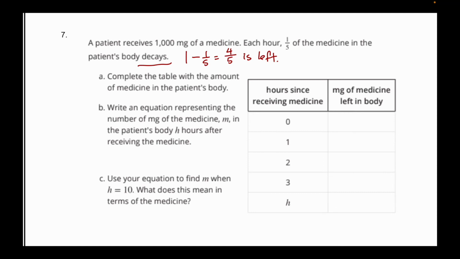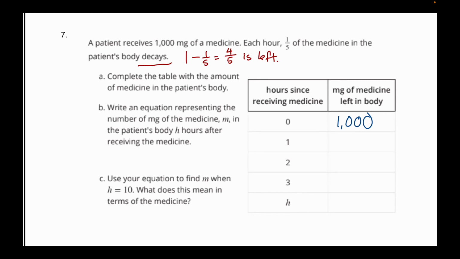Now, part A here wants me to complete the table with the amount of medicine left in the patient's body. Well, good thing I just figured out what my growth factor should be, because that is what we are going to do. So hours since receiving the medicine, they are 0 hours. They're going to have 1,000 milligrams. That's the initial dosage, the initial value.